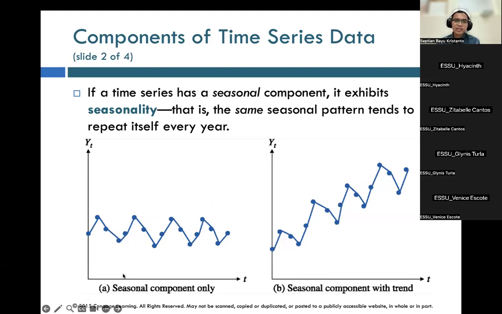This one is only seasonal, but sometimes we find seasonal with a trend. This also has the same seasonal pattern, up, down, up, down, but it's also in an increasing trend. They are increasing in value, number or pattern.